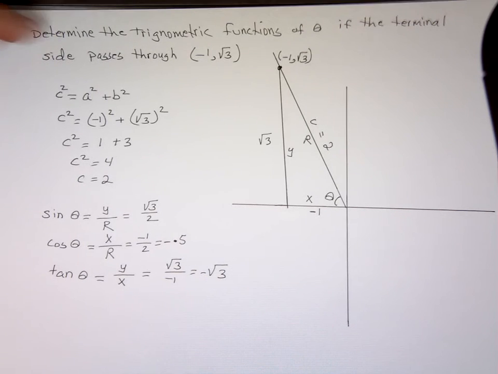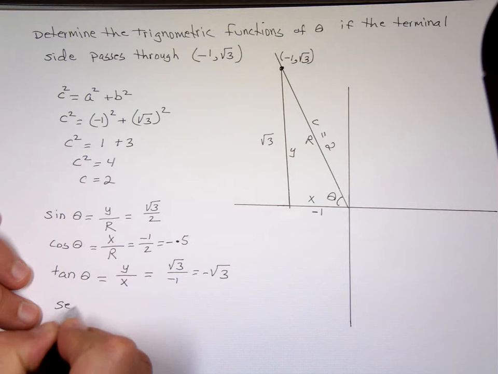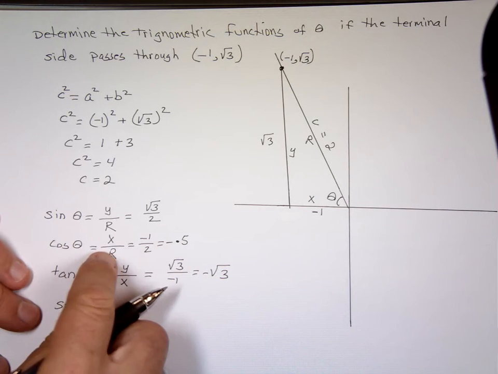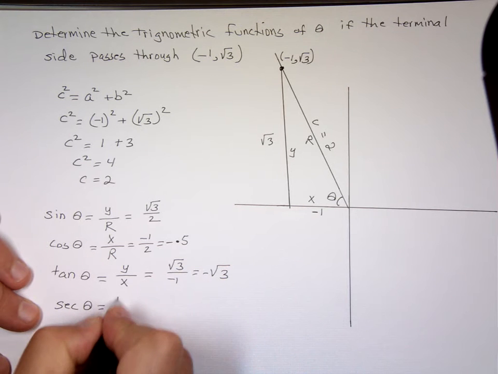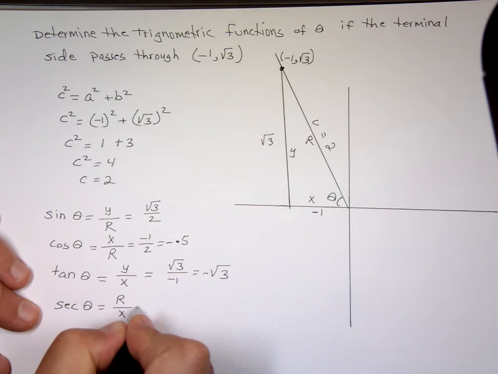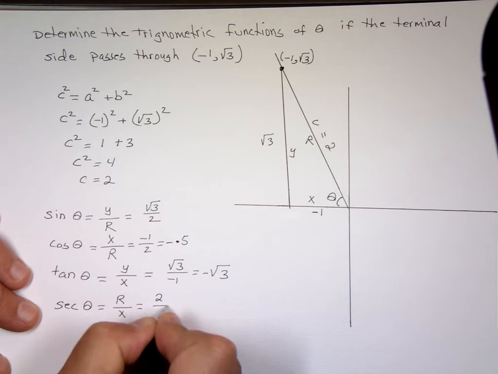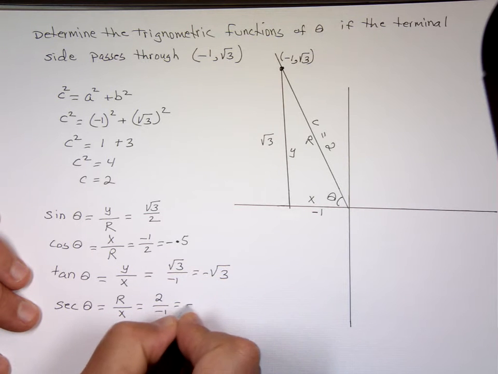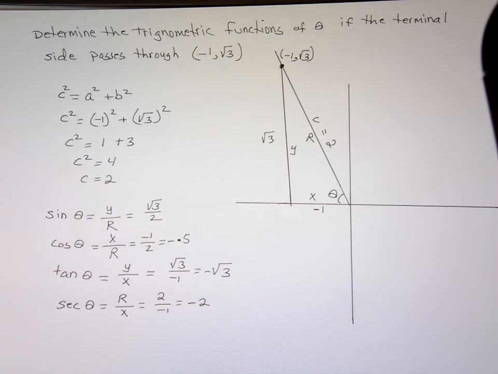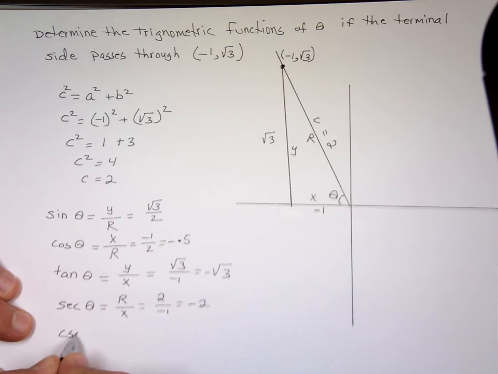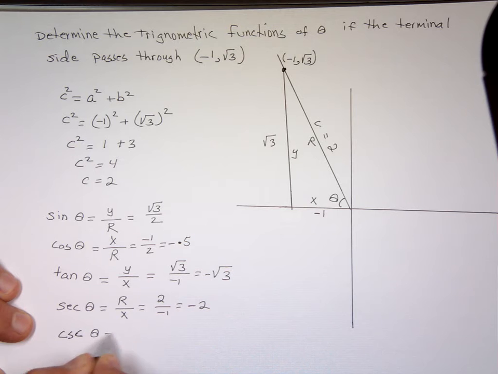Secant. Secant is 1 over cosine. This is your cosine. Flip it. R over x. R is what? 2. X is -1. That's a -2. Cosecant. Cosecant is 1 over sine.